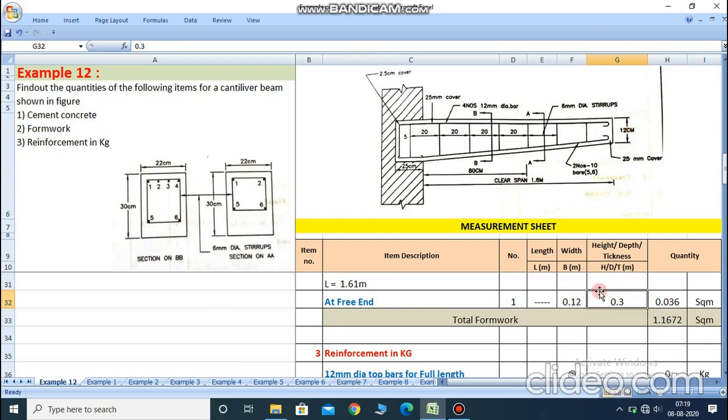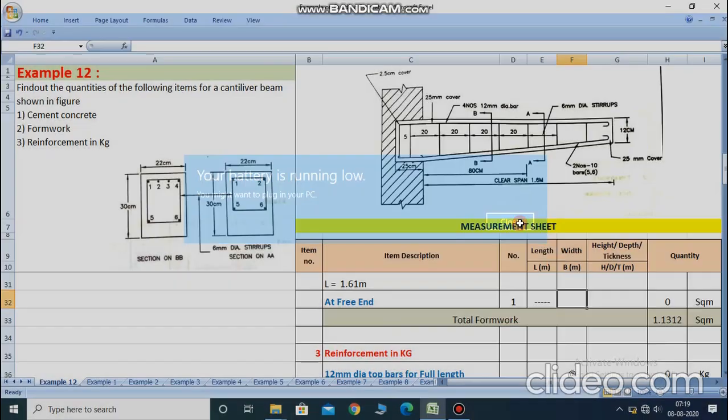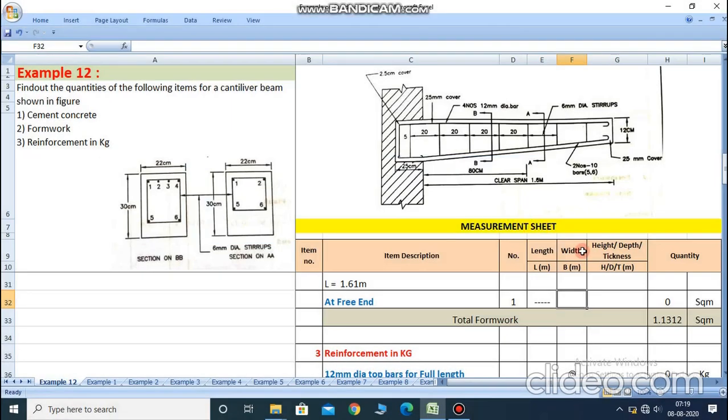wait a minute, width is 22 and height is 12 centimeter. So right here 12 centimeter. So total quantity is 0.0264 meter square, the total quantity for the formwork at the end.